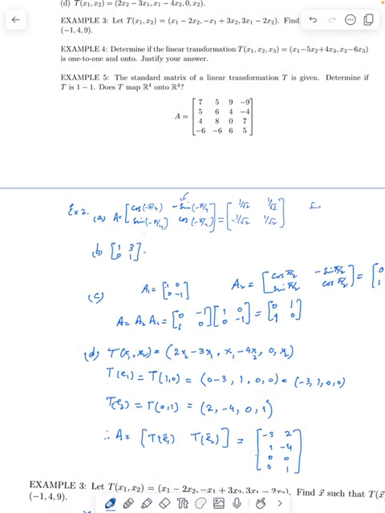Now remember, sine of negative x is equal to negative sine x, but cosine of negative x is just cosine x.